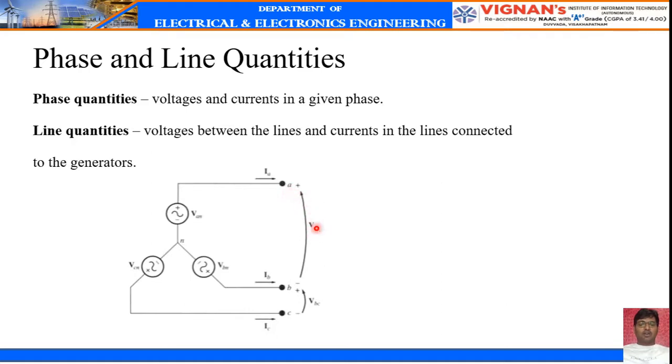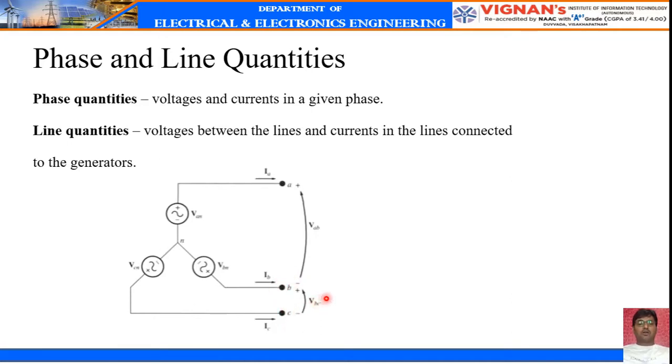This voltage is calculated by taking the difference between the potential at point A and the potential at point B. So VAB means VA minus VB. Similarly, the voltage between terminal B and terminal C is called line voltage VBC, which is given by the potential at B minus the potential at C.